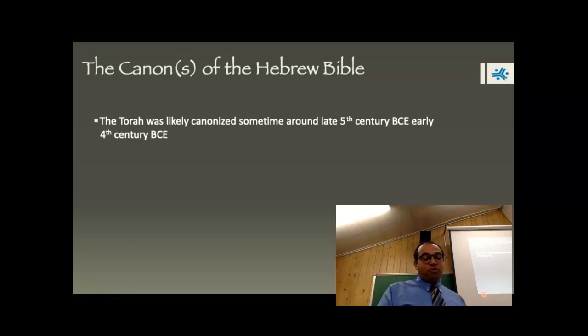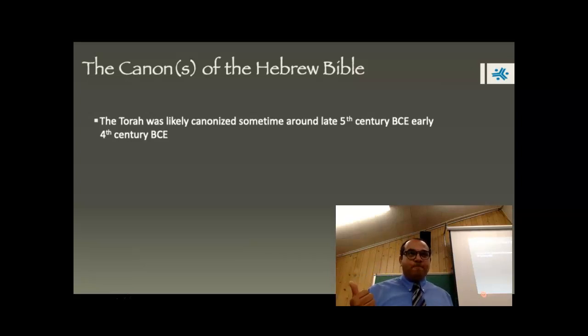So when you have some time at home, work through this table and familiarize yourself with these different canons, but I want to highlight a few things. We'll be mostly focused on the left column, the Jewish canon, because that's in some ways new to some of us. The Jewish canon is divided into three parts.